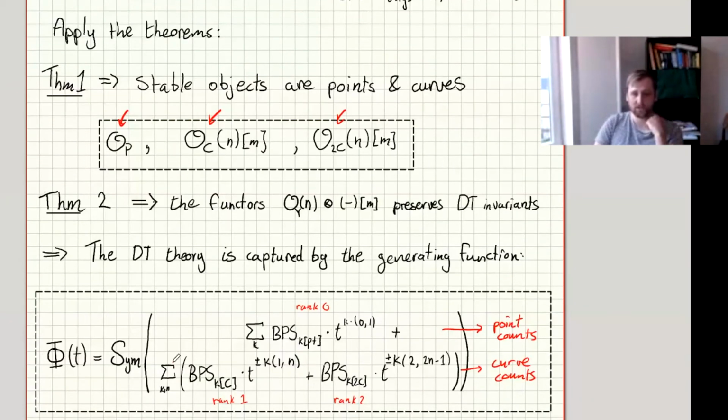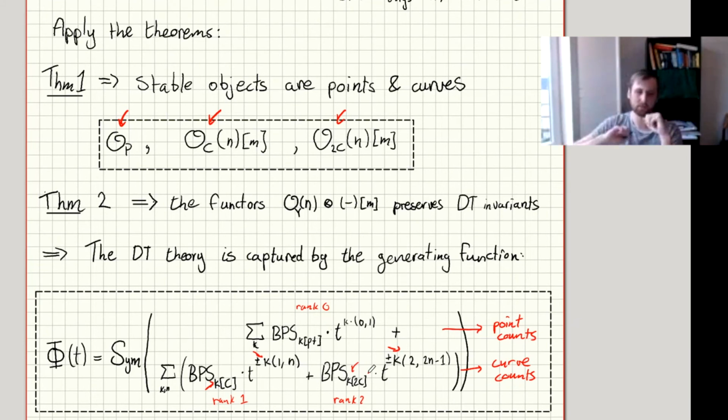So we get some sort of generating expression for the DT theory in terms of rank 0 invariants, so point counts, and then curve counts of rank 1 and rank 2 curves. And then we also need to worry about, or count, points on the moduli spaces of extensions of these as well.